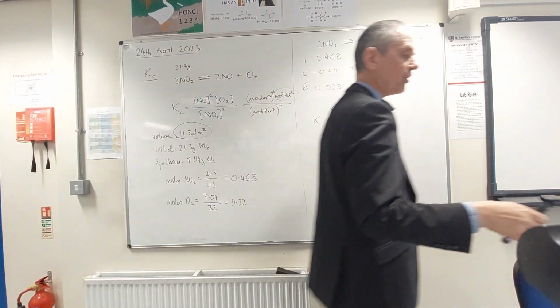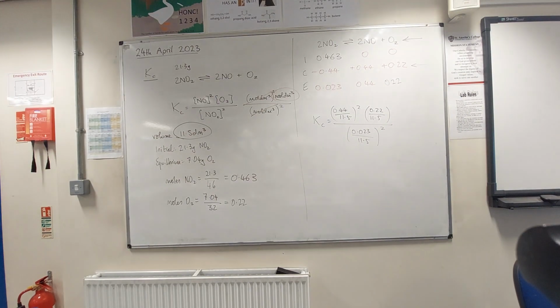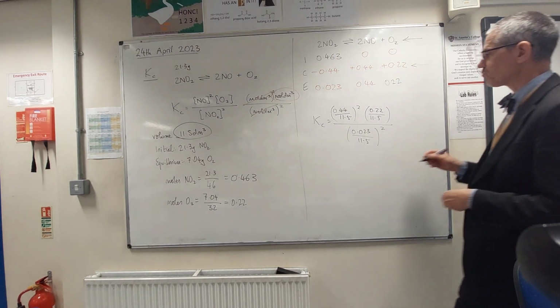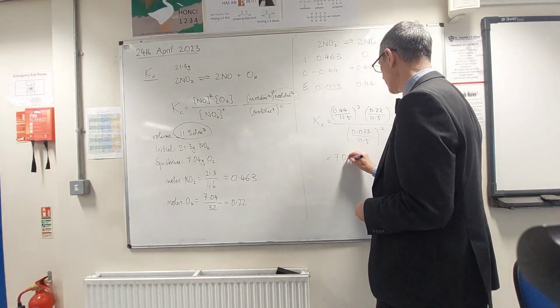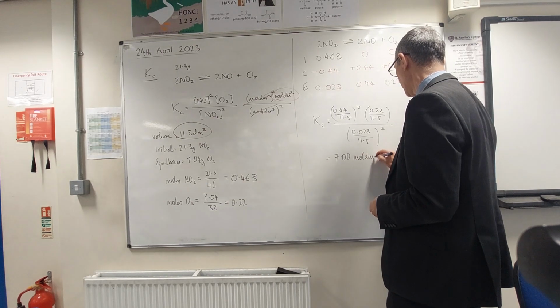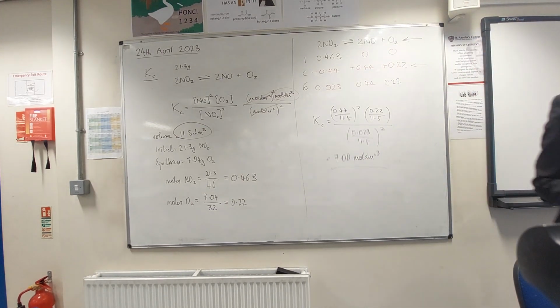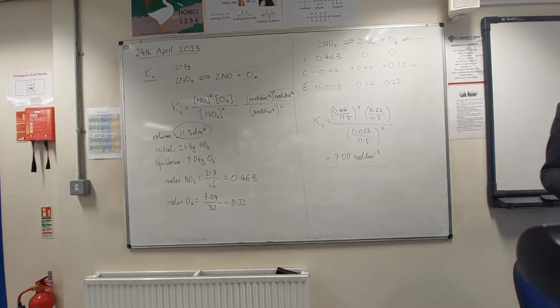There are lots of places to trip up in your calculation. Forgetting to divide by volume is pretty common. And that comes to a nice round 7. That's the worked example from the Kinetics and Equilibria workbook.